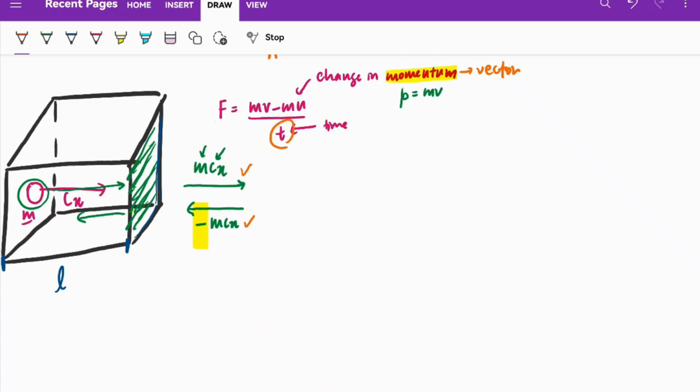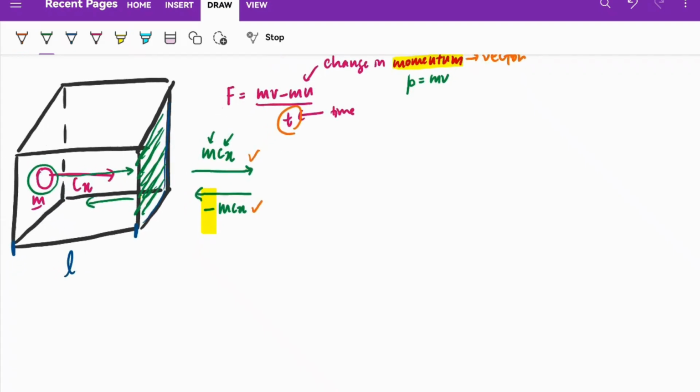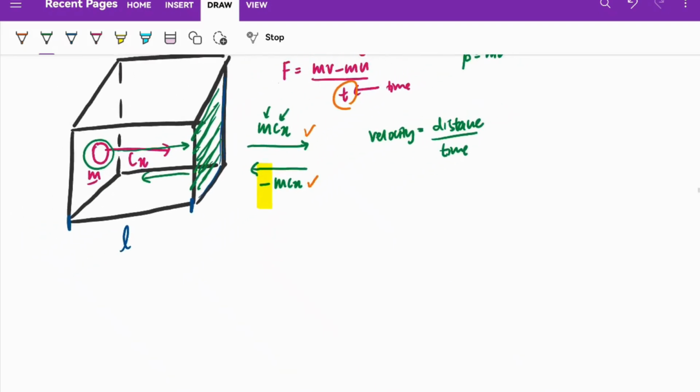Well, we know velocity equals distance over time, or speed equals distance over time. The distance traveled by this particular gas molecule is actually 2L. Why? Because you see, this gas molecule travels in this direction a distance L, and going back this way, it's going to travel another L. So L plus L gives you 2L.